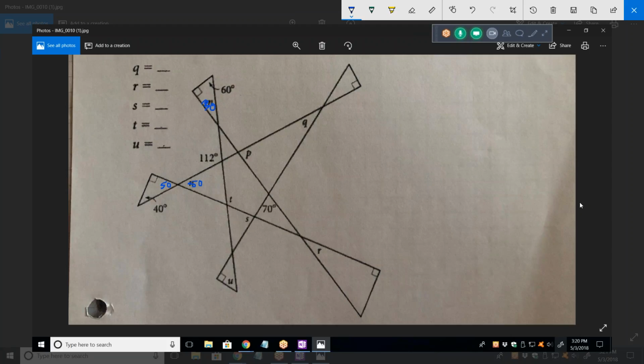And this angle, you can't really see where I'm pointing. What's that angle right there? Right there. Hang on. 68 degrees. Okay.